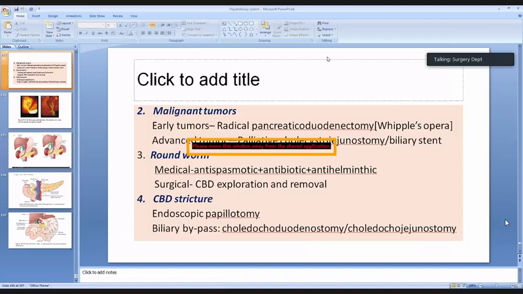If it is advanced, palliative treatment, either biliary stenting or biliary bypass. If it is roundworm, medical treatment. If medical treatment fail, surgical treatment, CBD exploration and removal. If it is stricture, endoscopic treatment, that is endoscopic papillotomy, sometimes biliary bypass, choledochoduodenostomy or choledochojejunostomy.